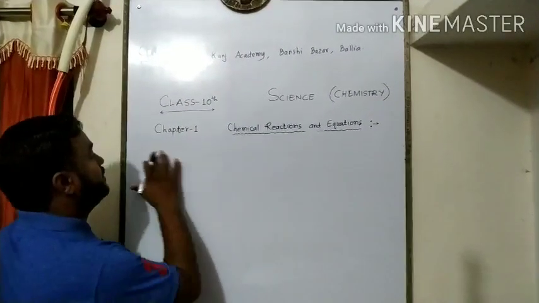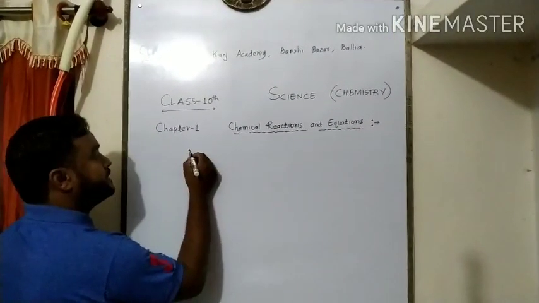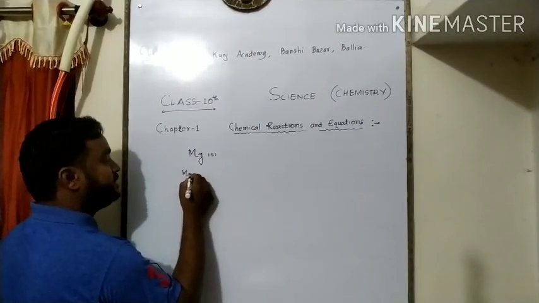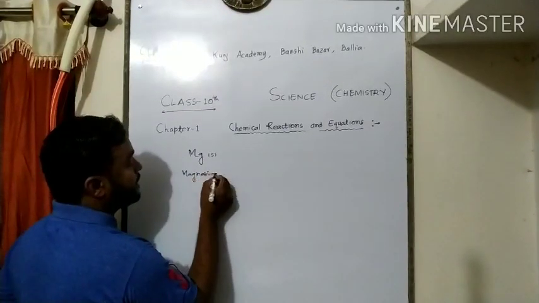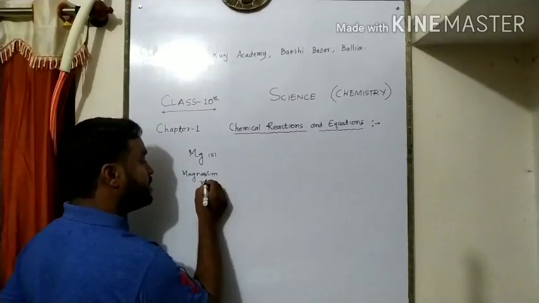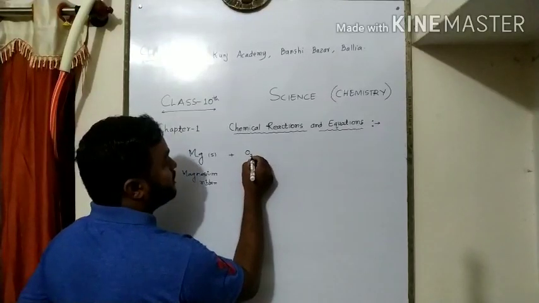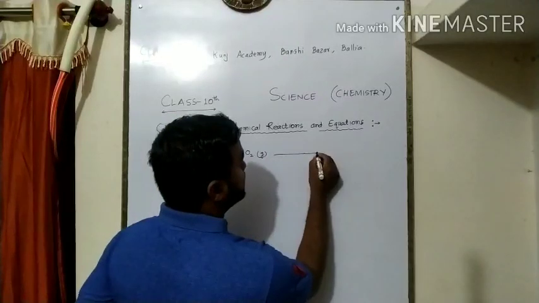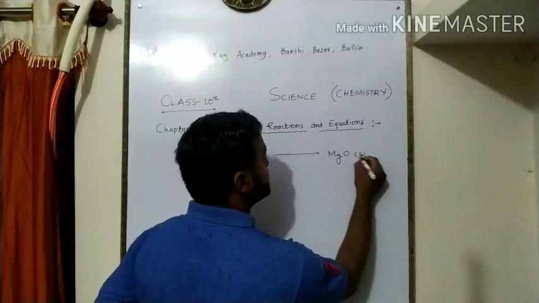So let us take the very first example from the whole chapter. See this one. One substance Mg is called magnesium. This is present in the form of ribbon. Magnesium ribbon, when it is burnt in the presence of oxygen, gets converted into a different substance.